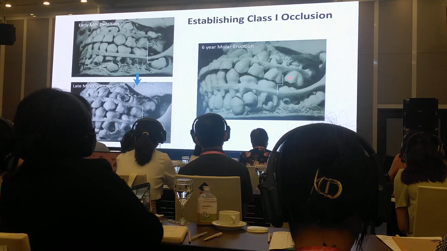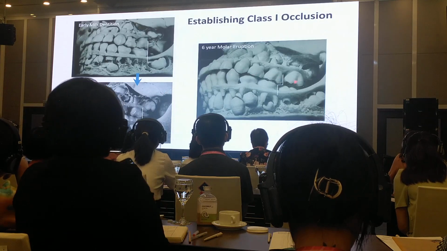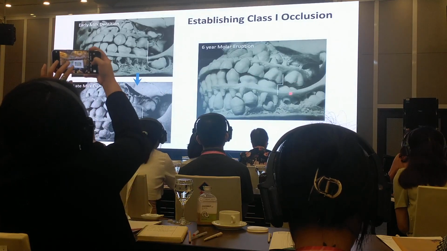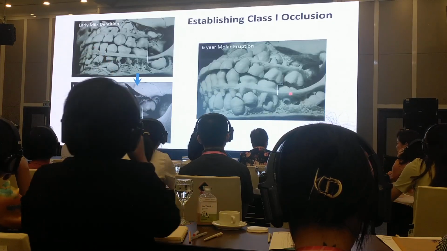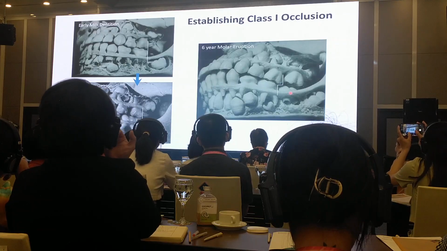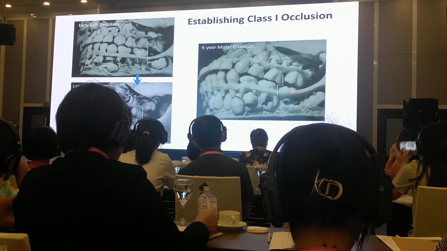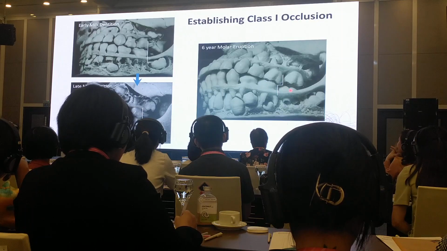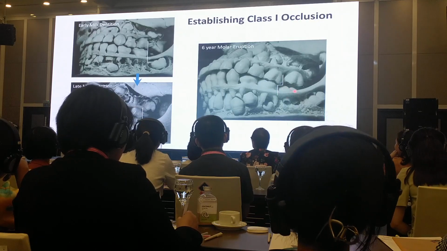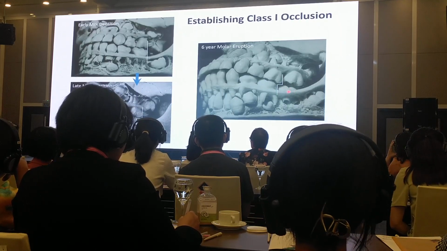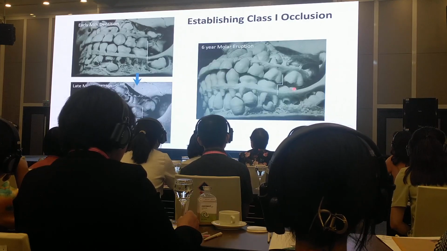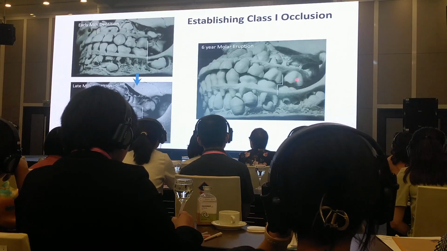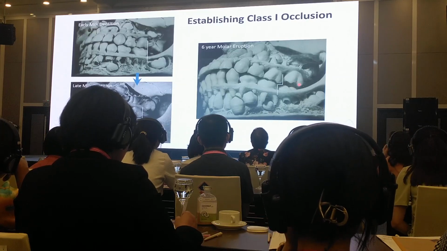Then after the 6-year molars are in enough, class 1 occlusion is established. This is ideal growth. The biggest lower cusp, the lower 6 distal buccal cusp, has to contact the upper 6-year molar's transversal ridge.